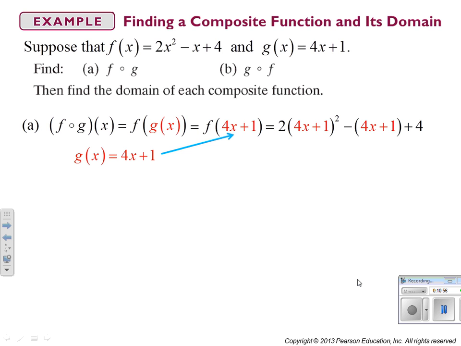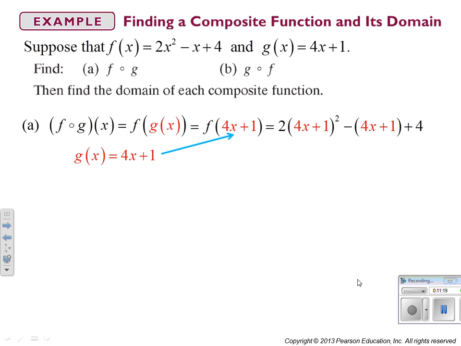So anywhere there's an x in my f of x function, there is now going to be a 4x plus 1. You put parentheses where your x goes and shove your entire function in there, kind of like stuffing a turkey on Thanksgiving. You just shove it all in there and let it cook.